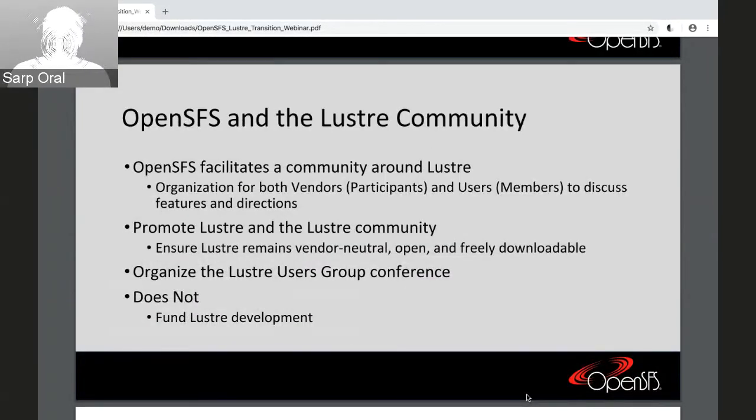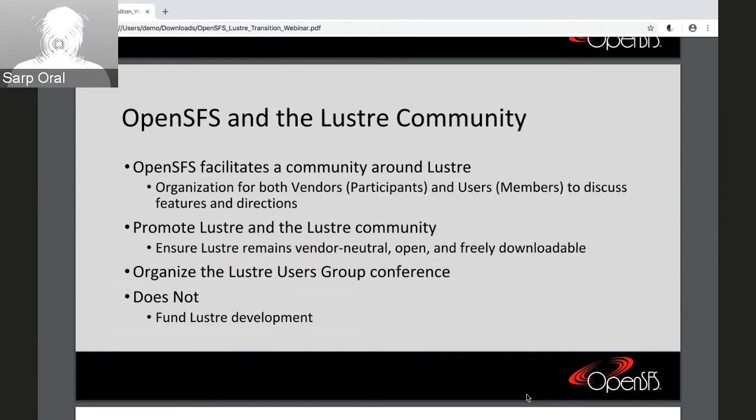OpenSFS in a very brief snapshot. What we are trying to do is bring the vendors and the members together. The users are named as members and the vendors are participants in our community under the OpenSFS umbrella. As you all know, OpenSFS is user-controlled and user-driven, although we listen and value our vendors' feedback and input quite heavily.